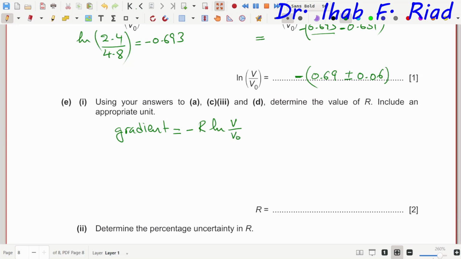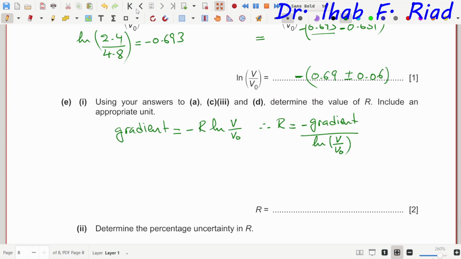Therefore R equals minus gradient, divided by ln V over V naught.